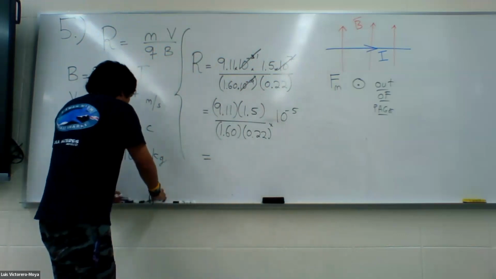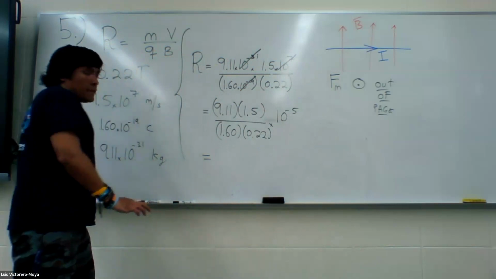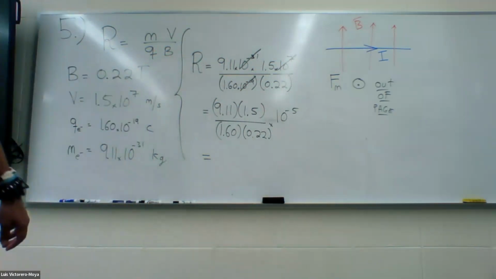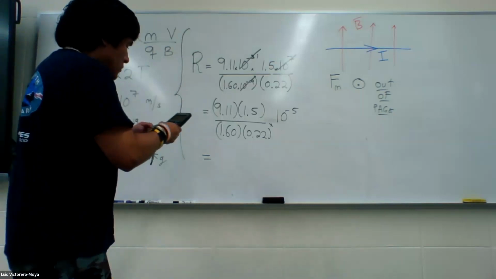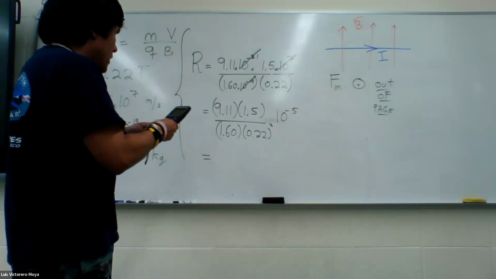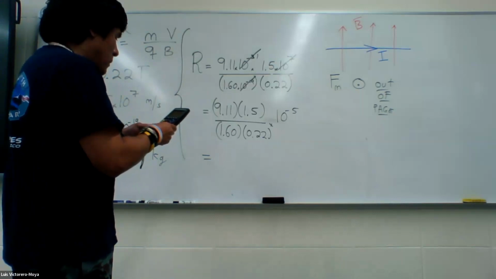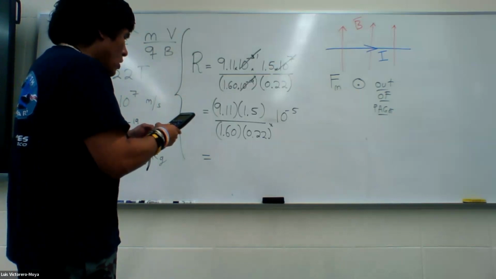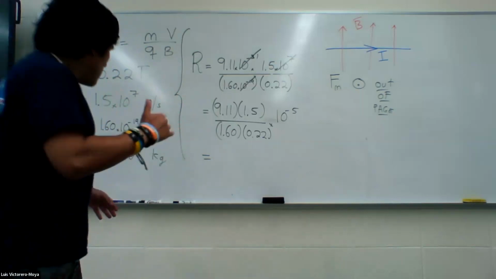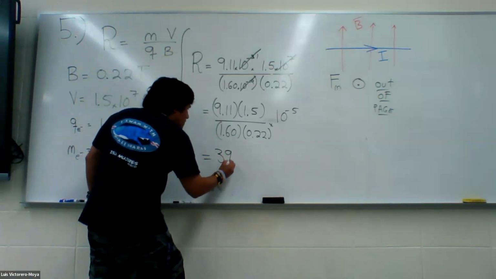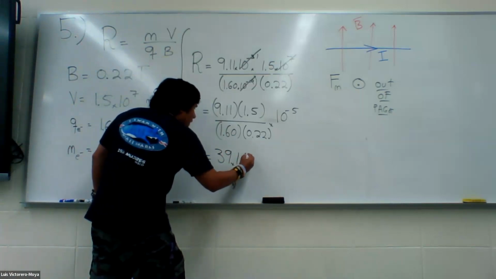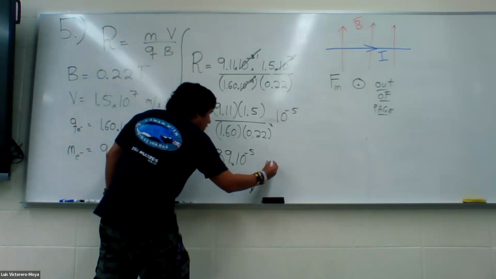So let's see what we get. And you see that 10 to the -5 in there. If I do 9.11 times 1.5 divided by 1.6 divided by 0.22, I get 39. Rounded to 39. But you get 39 times 10 to the -5 meters.